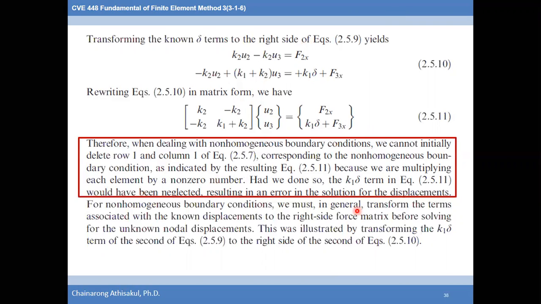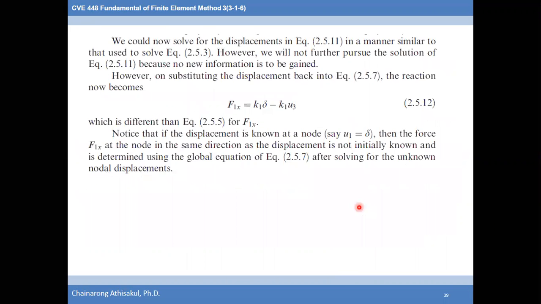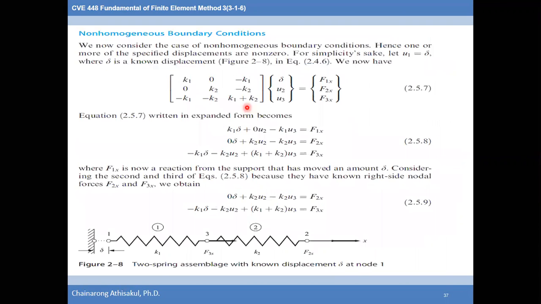And then, after we solve the equation already, when we substitute back, we can find the reaction force by this equation. That means if we know u2 and u3 already, we substitute back into this equation. We know delta, so we can find the reaction force F1x by using this equation.